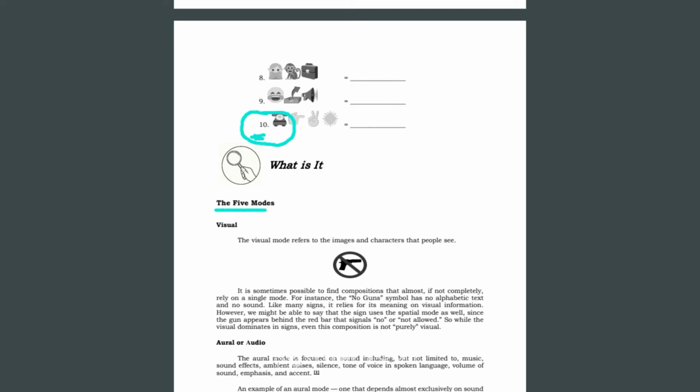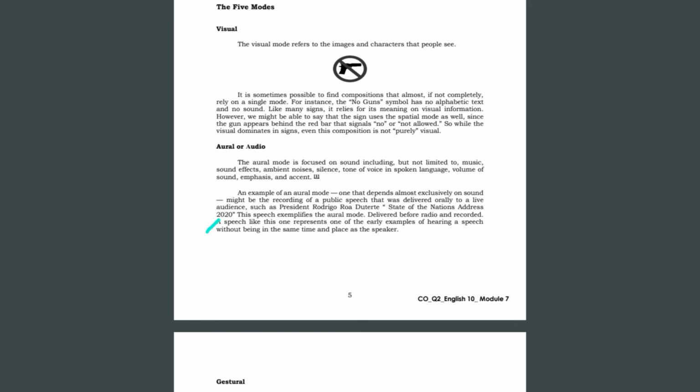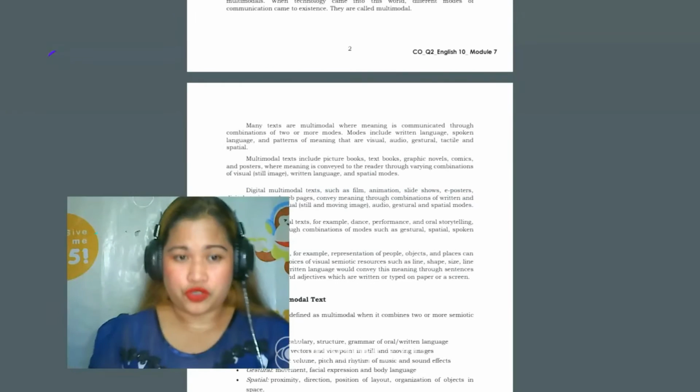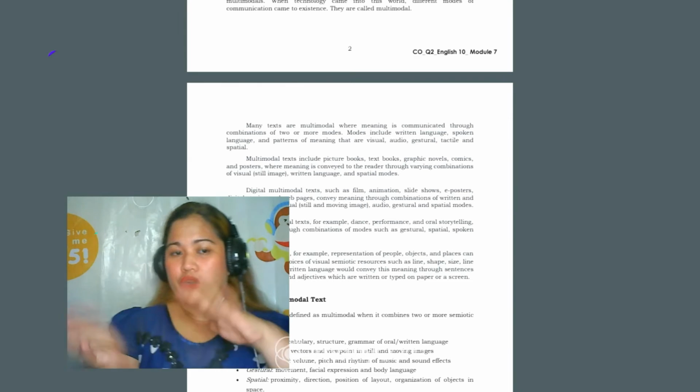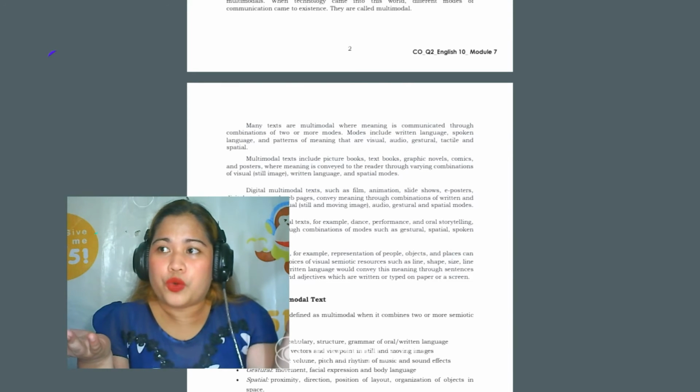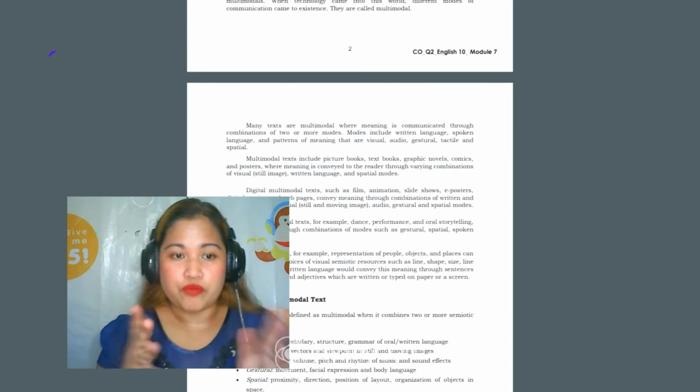So the 5 modes. It has an in-depth discussion of the modes of the multimodal text. You have visual, basically this is what you see, oral or audio, this is what you hear, and gestural. When it comes to gestural, it's actually the way you move.